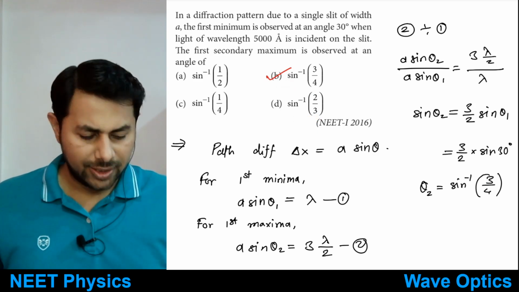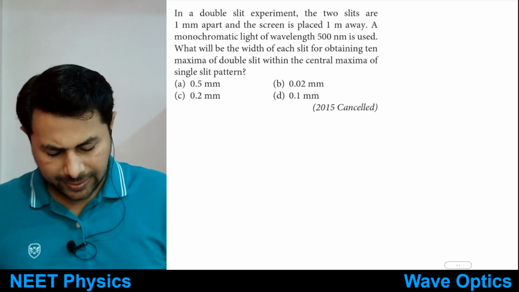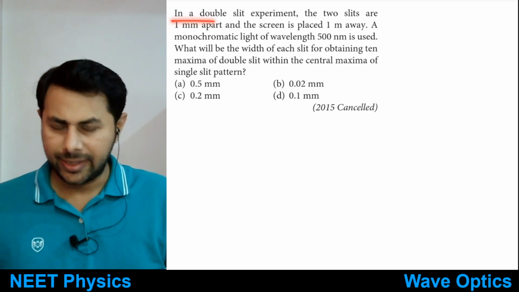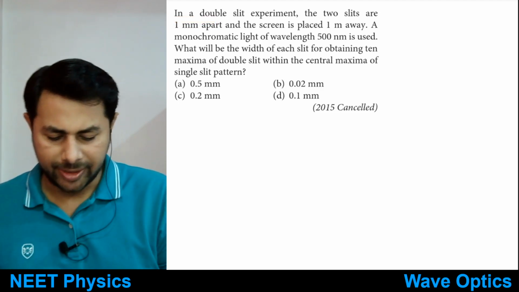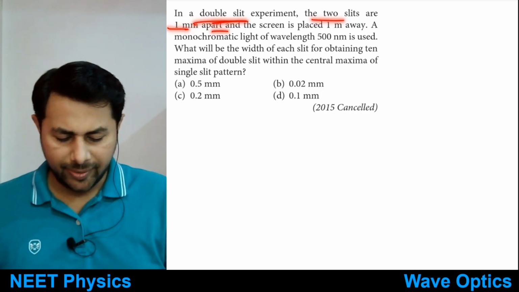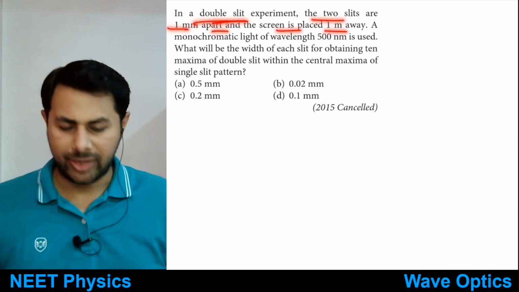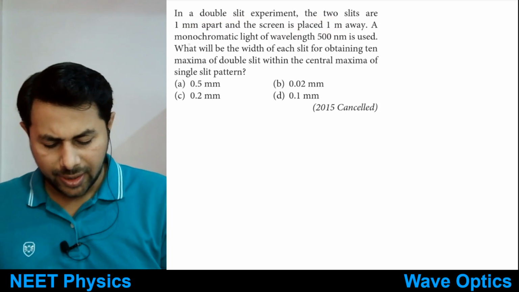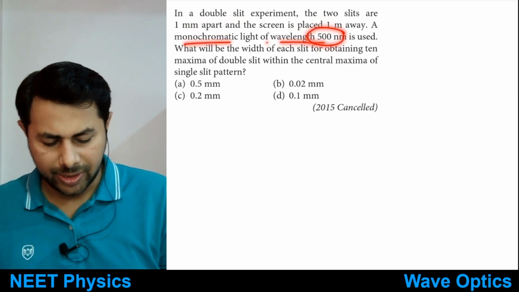Is this clear? Let's see the next one. In a double slit experiment, the two slits are 1 mm apart and the screen is placed 1 meter away. A monochromatic light of wavelength 500 nanometer is used.